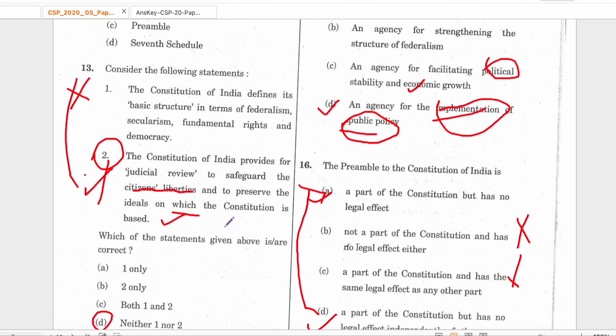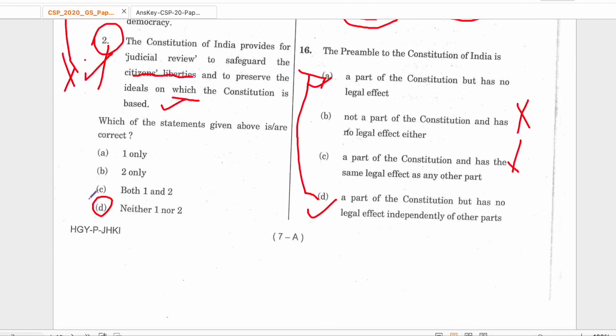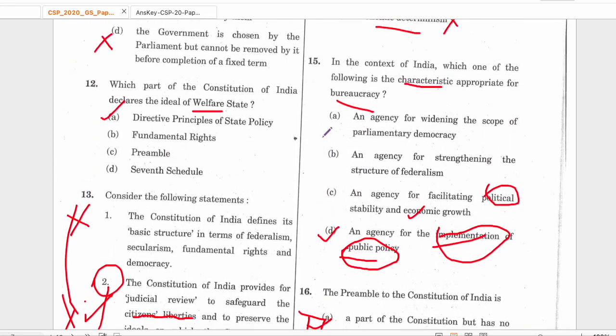Explicitly there is no mention of judicial review as a word or a doctrine, but Articles 13, 226, 32 talk about the role of the Honorable Court to decide constitutionality, when fundamental rights are in danger, and to actively see whether laws, rules and regulations satisfy the basic structure or not. So it is something which is implicit. So what they did, they made this also wrong and they gave the answer D, which was somewhat controversial.